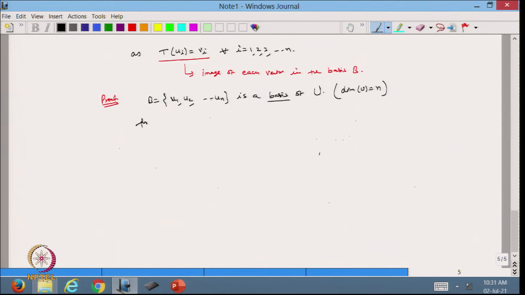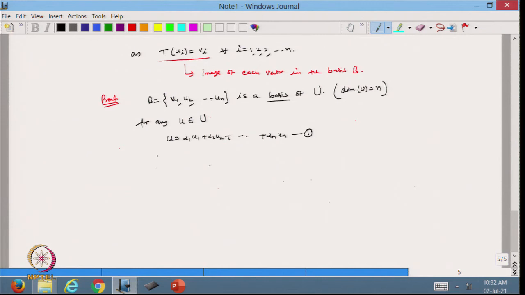Now, for any u belonging to the vector space U, I can write u as alpha 1 u1 plus alpha 2 u2 plus up to alpha n un. So, first I define how we can find the linear transformation. Maybe I call it 1.